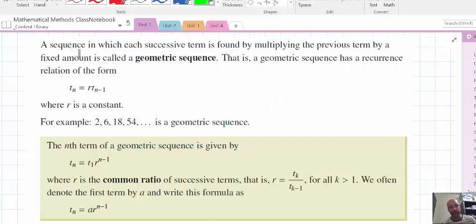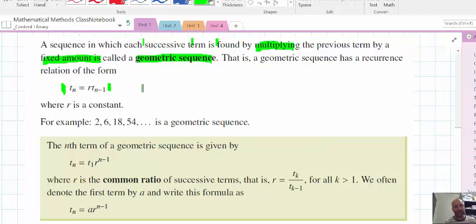Let's formalize this. A sequence in which each successive term is found by multiplying the previous term by a fixed amount is called a geometric sequence. Successive means the next, the next, the next. So a geometric sequence has a recurrence relation in this form.